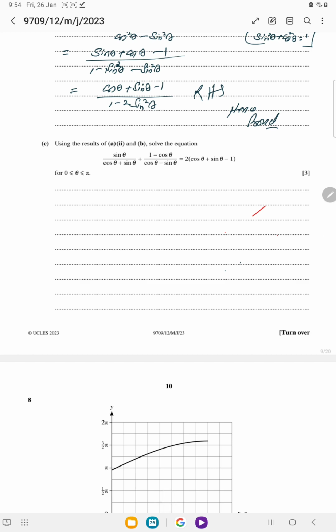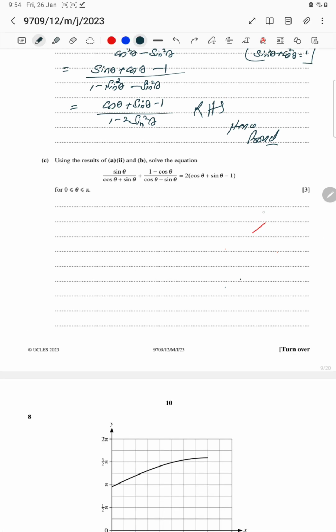Here guys, for the C part we have to prove this thing, that the first what we have done proved in part B, left hand side, that is cos of theta plus sine theta minus 1 over 1 minus 2 sine square theta.